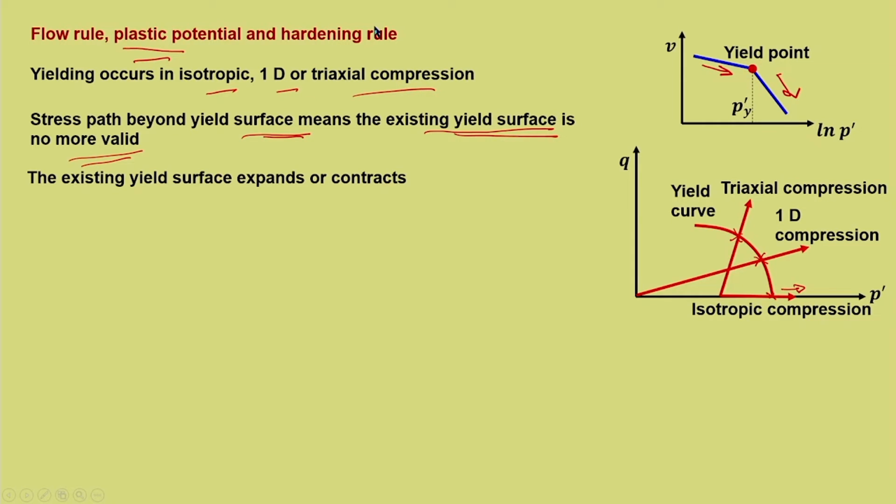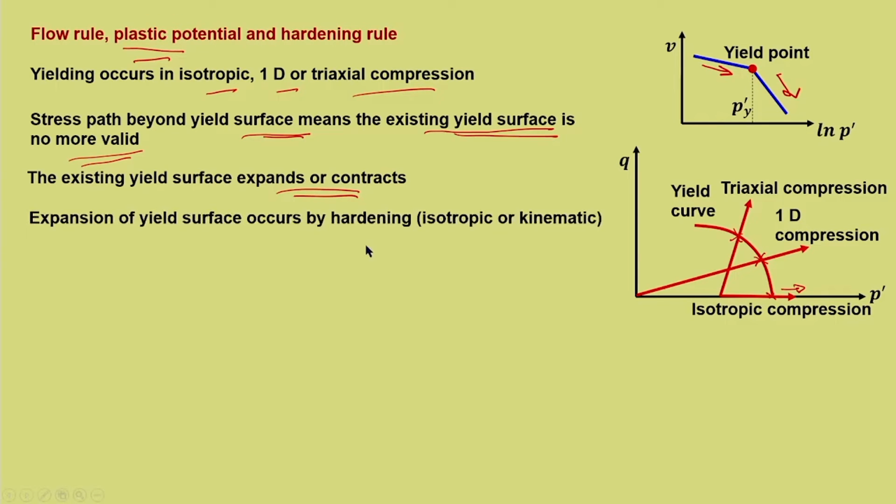The existing yield surface expands or contracts depending upon whether it is a softening or a hardening behavior. Expansion of yield occurs by hardening, and this hardening behavior is expressed in terms of isotropic or kinematic hardening. What we understand is that after yielding, if it is expansion of the yield curve, that is because of hardening.